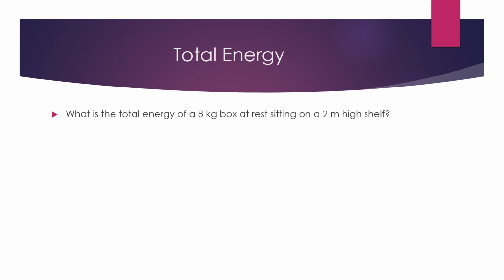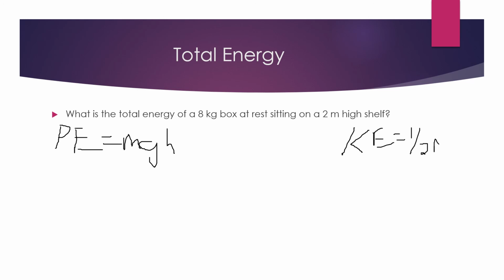One more real quick. What is the total energy of an 8-kilogram box at rest sitting on a 2-meter high shelf? Okay, we'll set it up. PE equals mgh. KE equals 1/2 mv squared. Awesome.